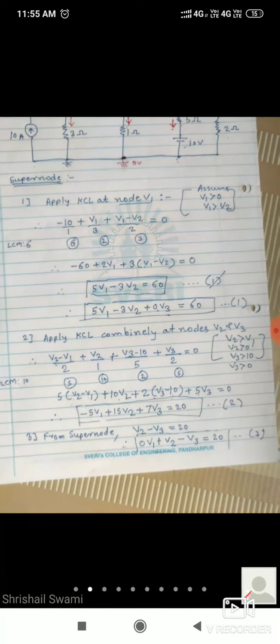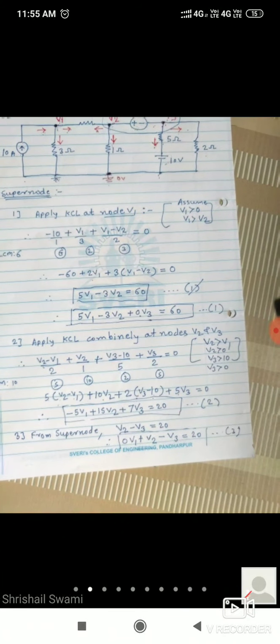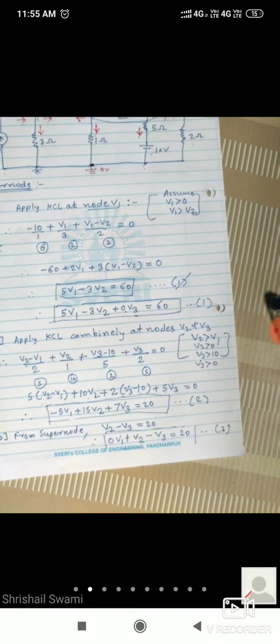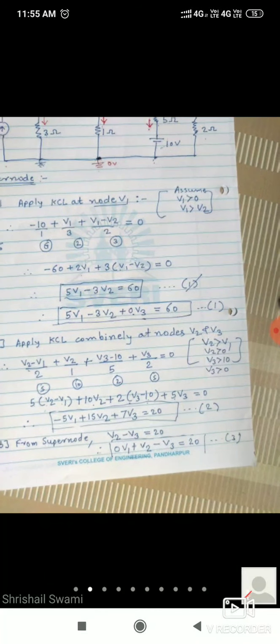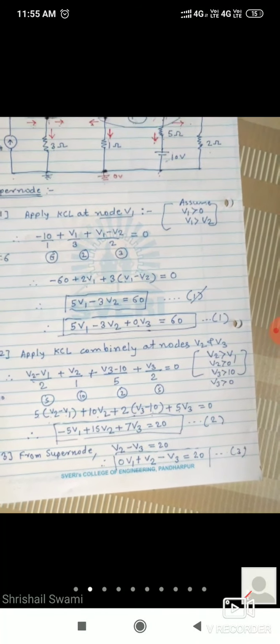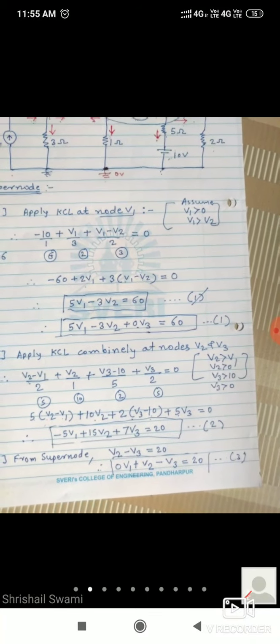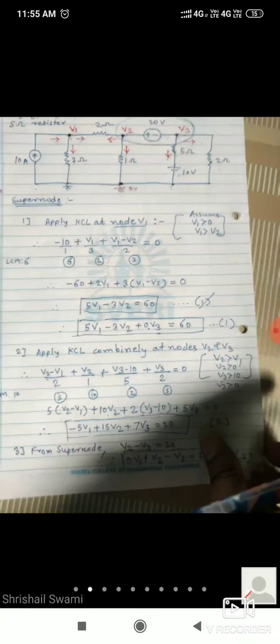Go to the equation mode in calculator. Put the three unknowns. A1, B1, C1, D1, A2, B2, C2, D2, A3, B3, C3, D3. Put the values of coefficients and you will get the answer of V1, V2 and V3. Who will tell the answer of V1, V2, V3?